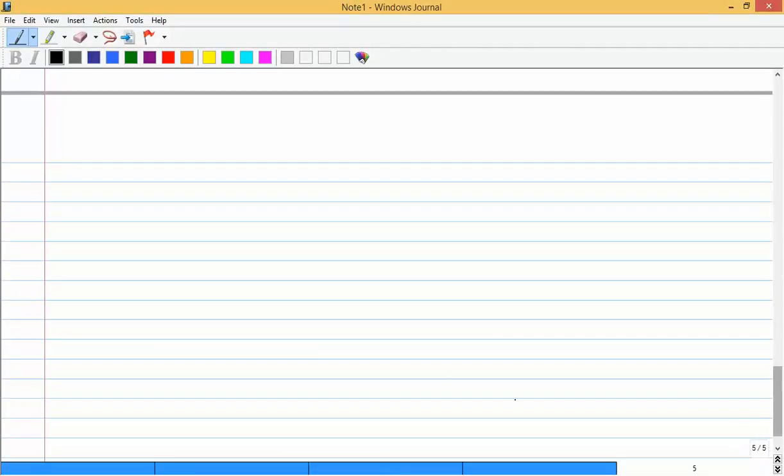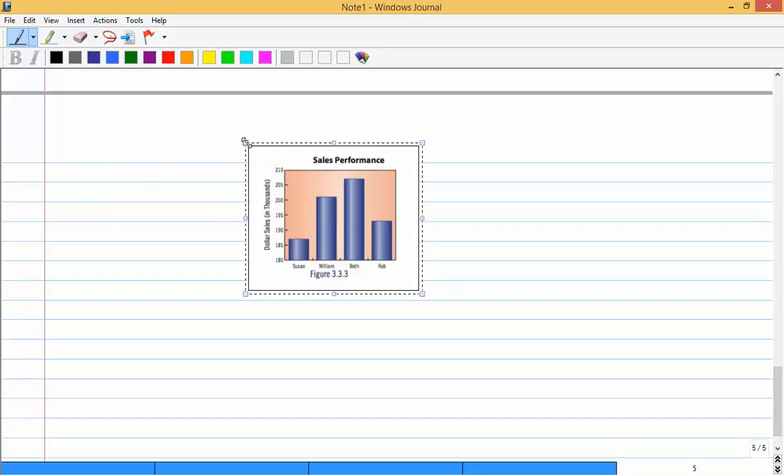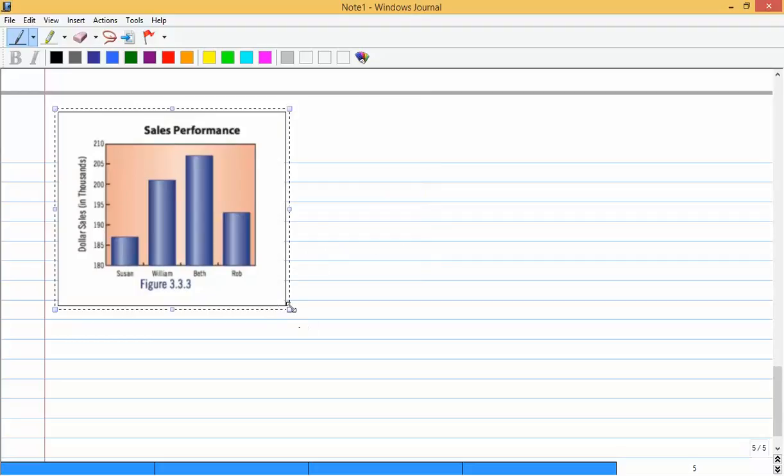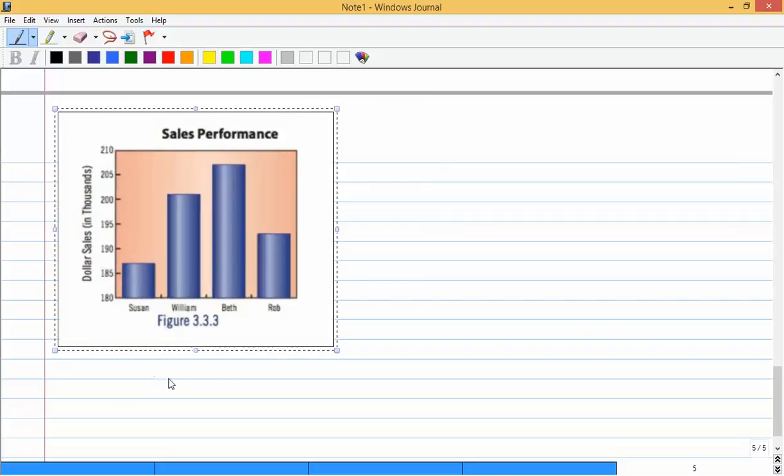Alright, so here's an example of a bar chart. Your book will sometimes go through the actual data, but this is what it would look like once it was represented as a bar chart. You see this is dollar sales in thousands, sales reports, and then these are the salespeople here.